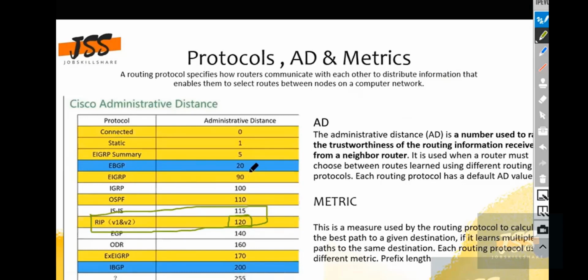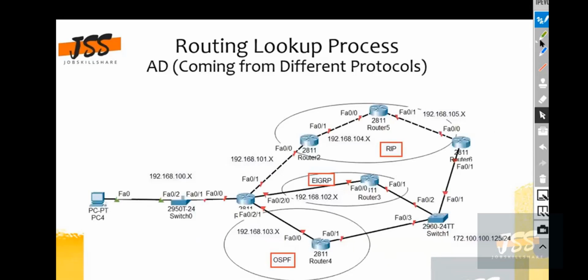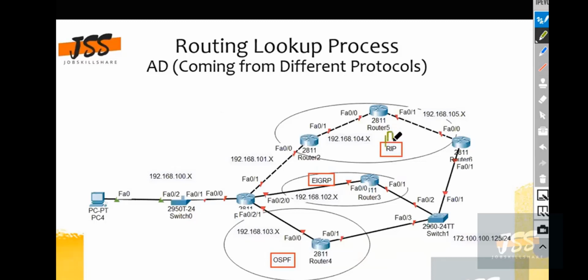And EIGRP has 90 and OSPF has 110. And I'm going to show that in the slide, then you will have a better idea. Just a minute. Yep, here. So as I said, RIP has believability 120, OSPF has 110, and EIGRP has 90.